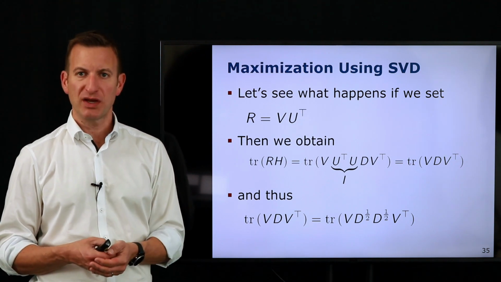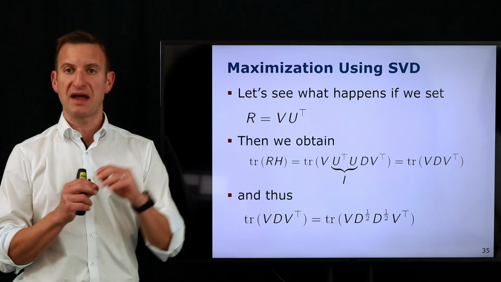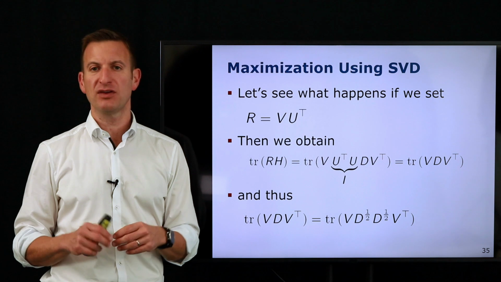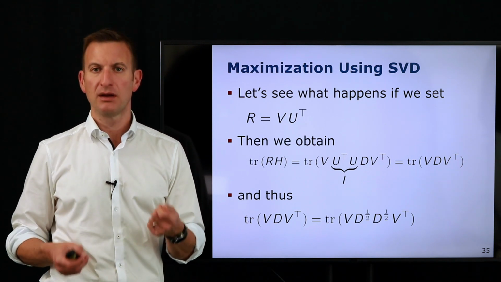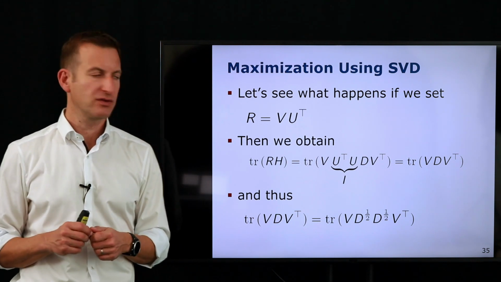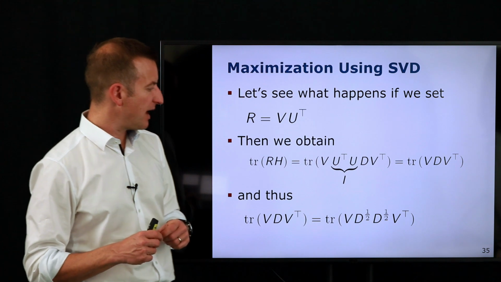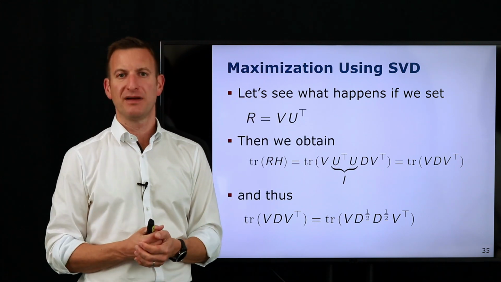Okay, now can I make a trick with this matrix D? Remember, this matrix D was a diagonal matrix, which has only positive values on its main diagonal, at least as long as H has full rank, so rank 3 in our case. Everything else is 0, only the main diagonal has positive values.